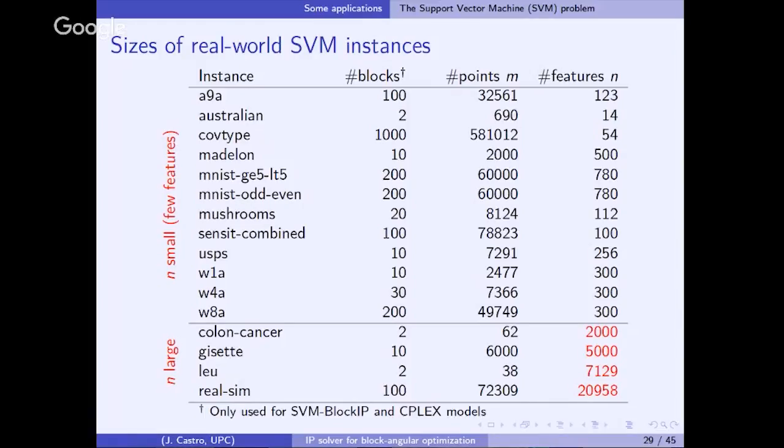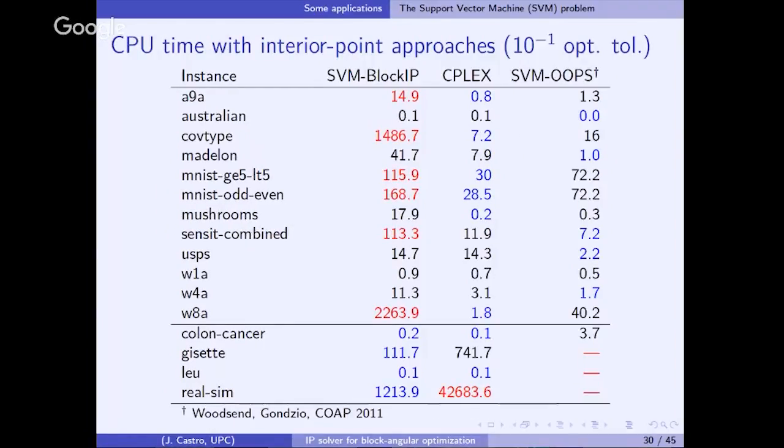And the next slide shows results using the best interior point approaches I know for this kind of problem. CPLEX is standard CPLEX. It's a very good solver, so it can deal with them. SVM-OOPS is a method developed by Gondzio and Woodsend in Edinburgh. It's probably the best interior point method for support vector machine problems.